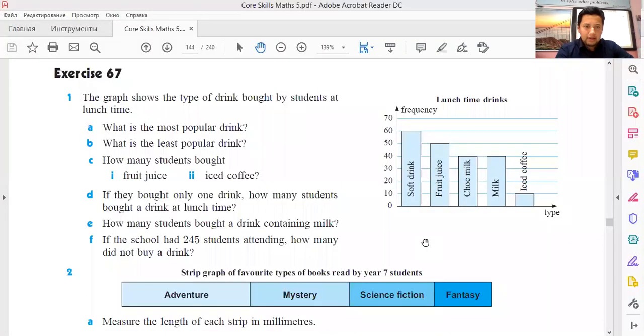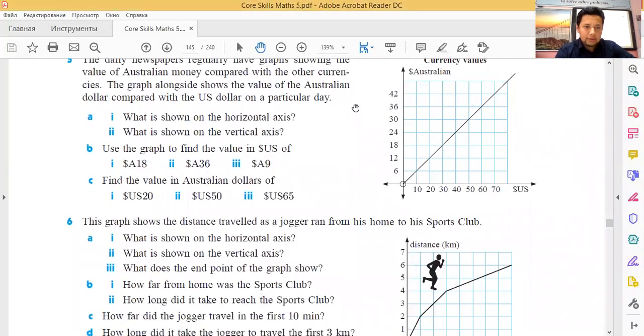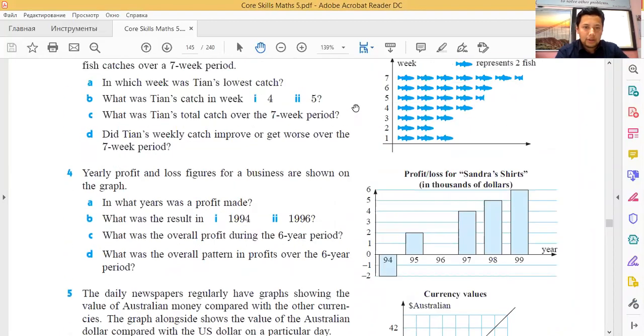So in this topic we have many exercises, many questions, about 7 questions I think. Look, it's the first question, second, third, fourth, fifth, sixth and 7. All these questions are your homework.